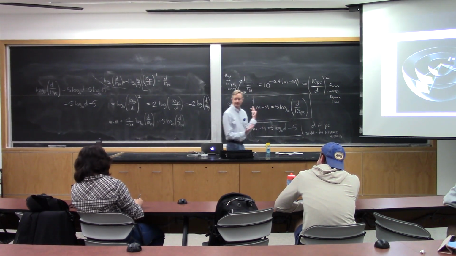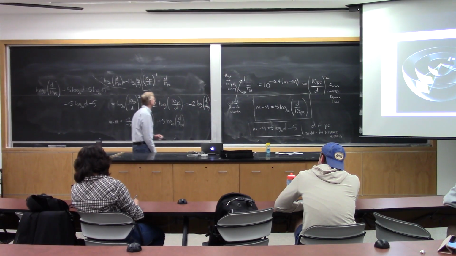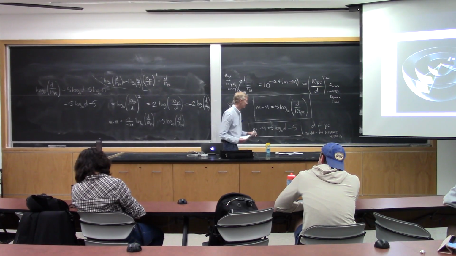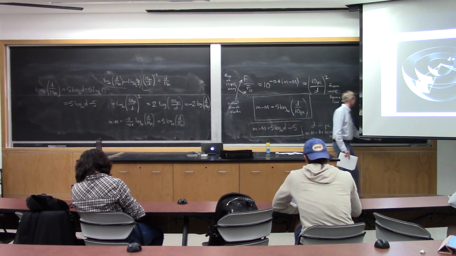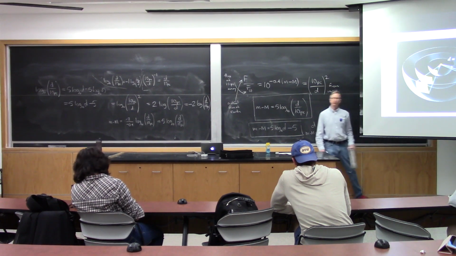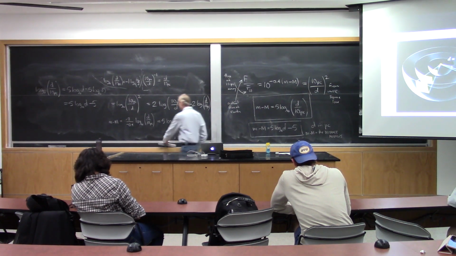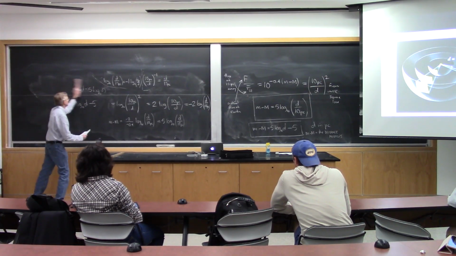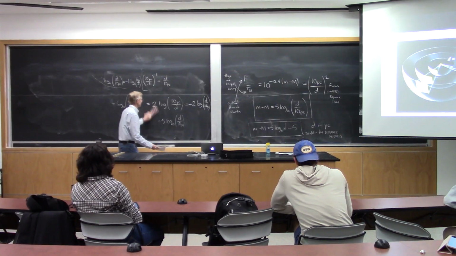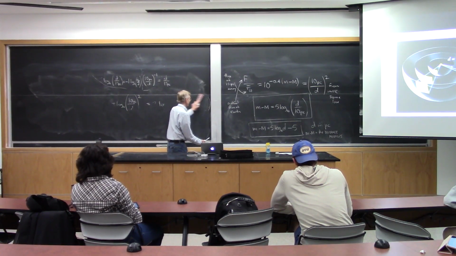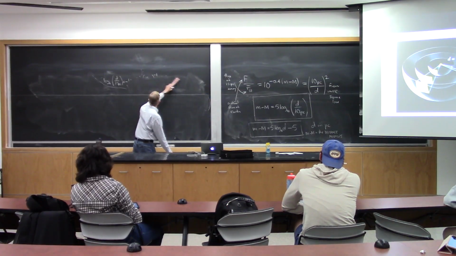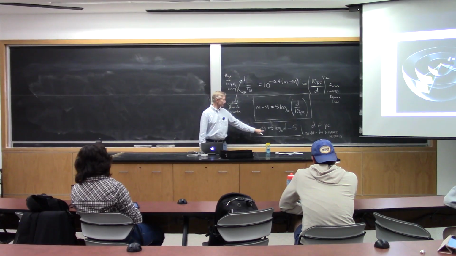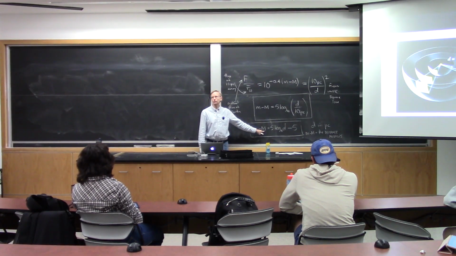Because it's related to the distance. So little m minus big M is 5 log d minus 5. And so this tells you, if I know the distance to the star and I know its apparent magnitude, I can just solve for capital M to find its absolute magnitude.